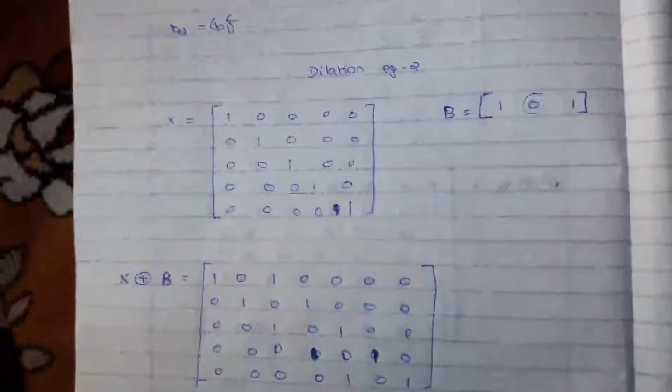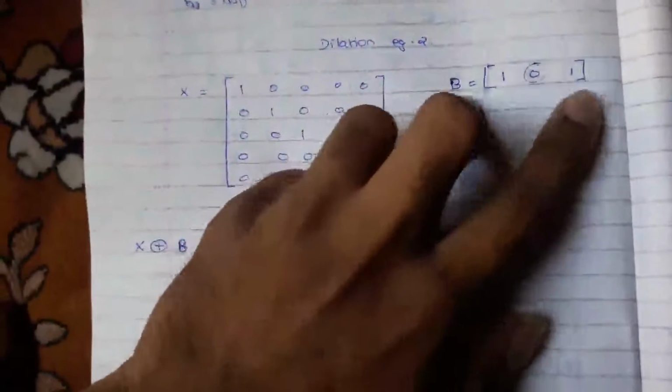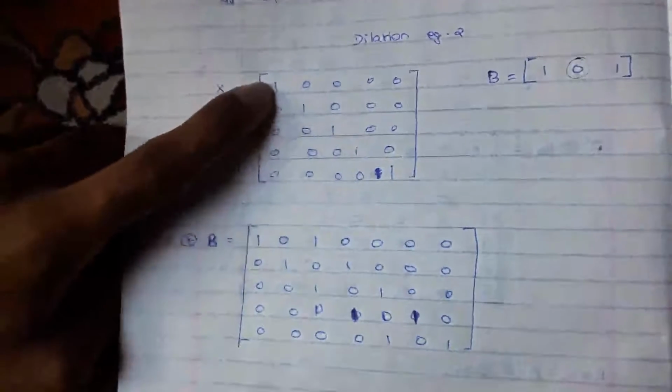So what will happen when you dilate X with B? Here is the result. How does it come? The basic thing is you put the seed point on each and every pixel of the image. So first this seed point will come over here.